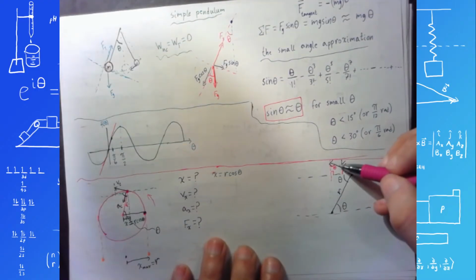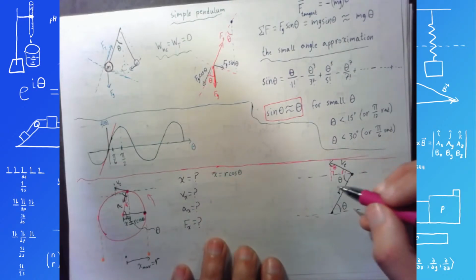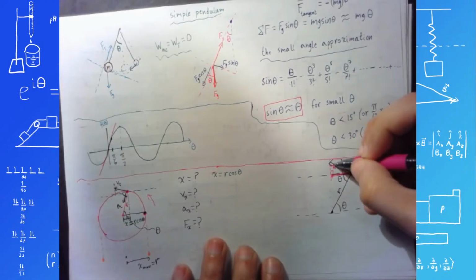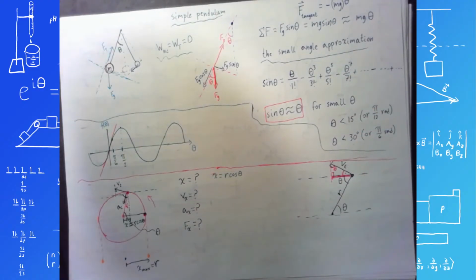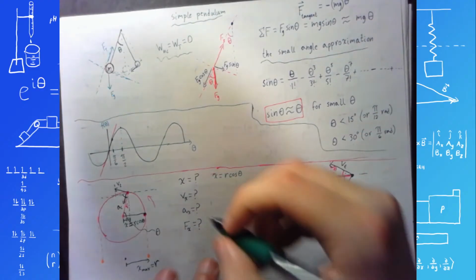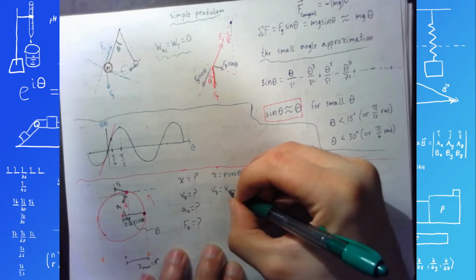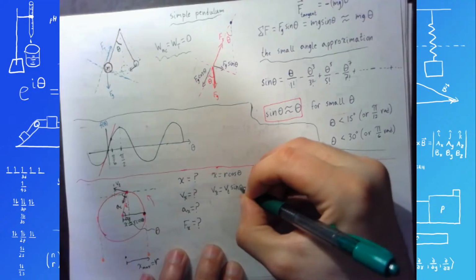And then that would mean that the x component of V tangential, or Vx as I called it, is going to be this side over here, which is opposite of theta. So it's going to be V tangential times sine of theta. So Vx is equal to V tangential sine of theta.